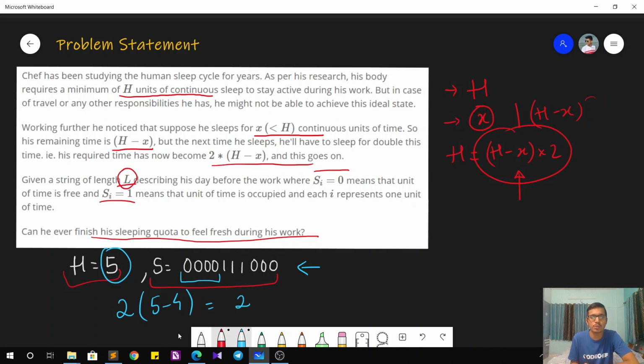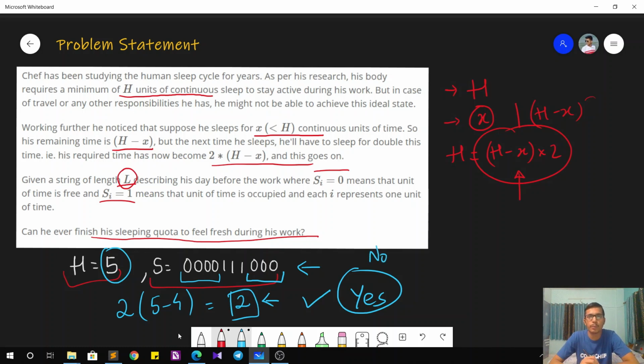So now he has to sleep for 2 continuous units, and that can be easily completed in the next chunk, because you can see that there are 3 units present over here, and easily he can complete his 2 hours, and the answer in this case will be yes. That is, Chef will feel fresh for the next day. Similarly, there can be examples where Chef will never be able to finish even till the end, so the answer will be no. So this is pretty much the question.